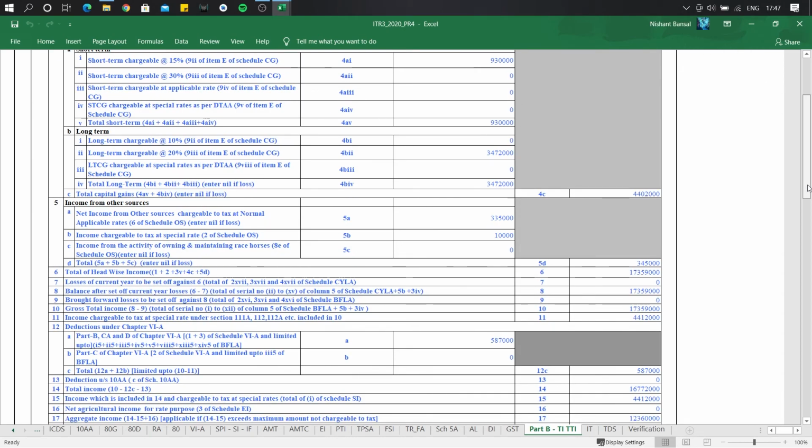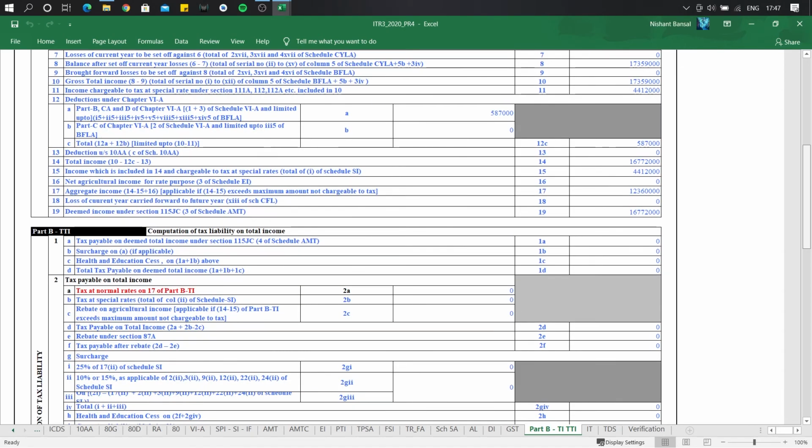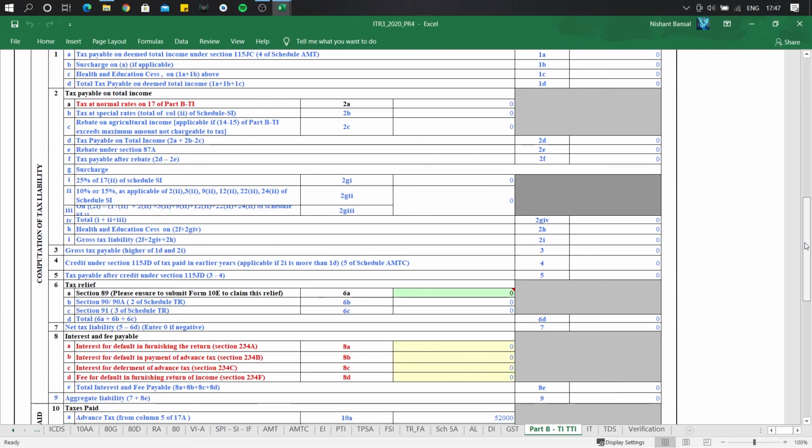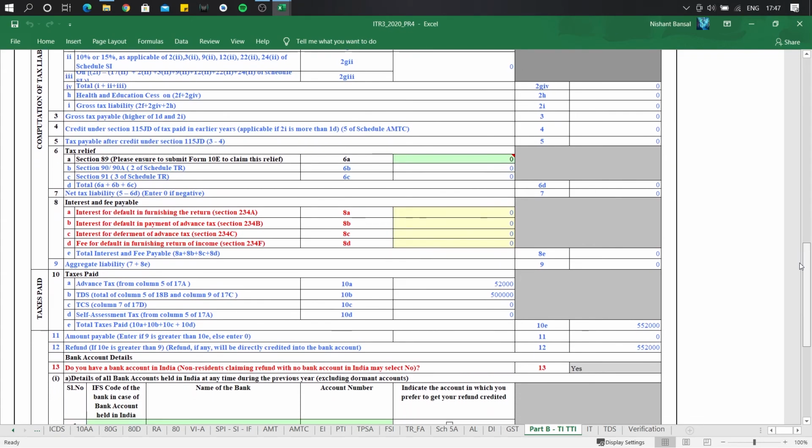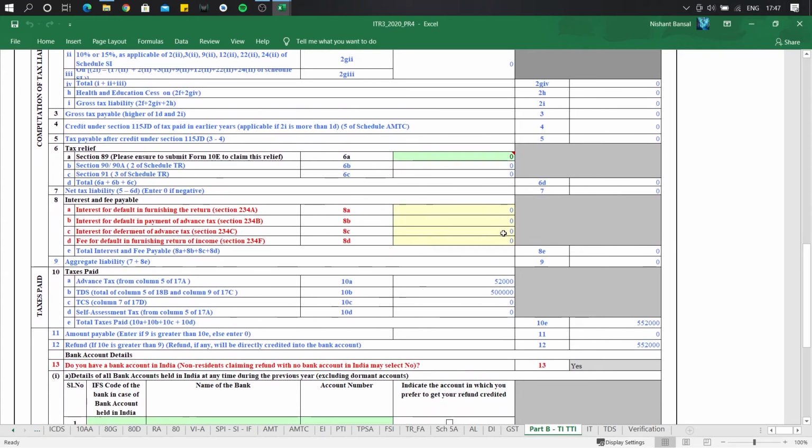Like if we go to Part B, TI, TTI, that is total taxable income, and press the calculate tax button, it will automatically calculate the interest or late fee charges here, due to which the solution might differ.